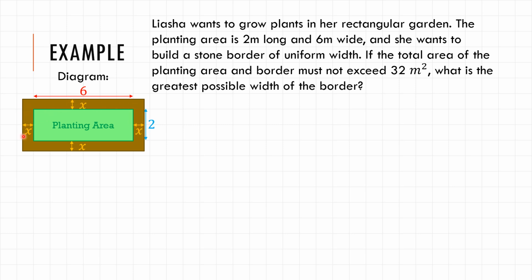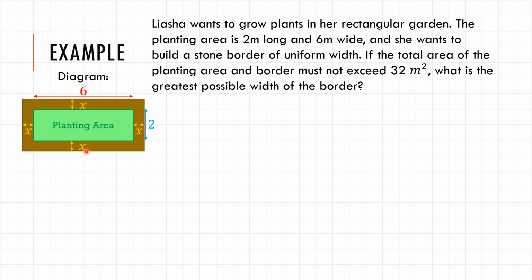So it's the same width all around. She wants the total area of the planting area and the border to not exceed 32 square meters. So if she wants that to be true, what is the greatest possible width of this border?